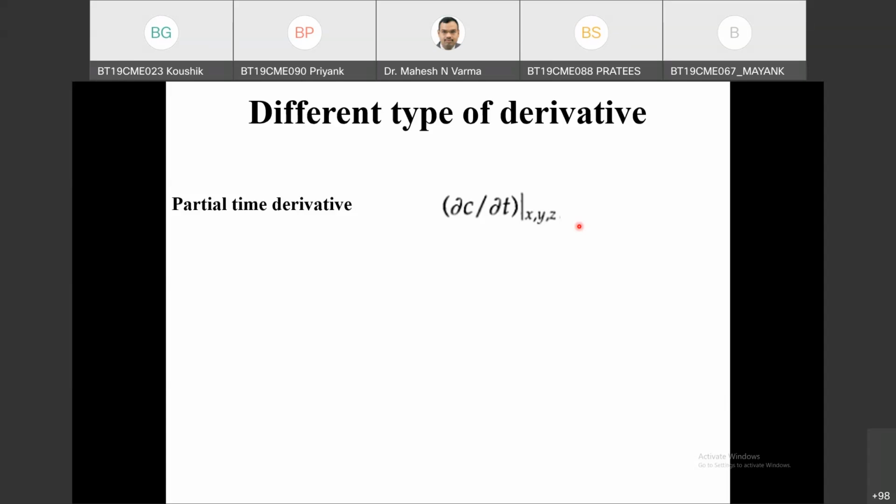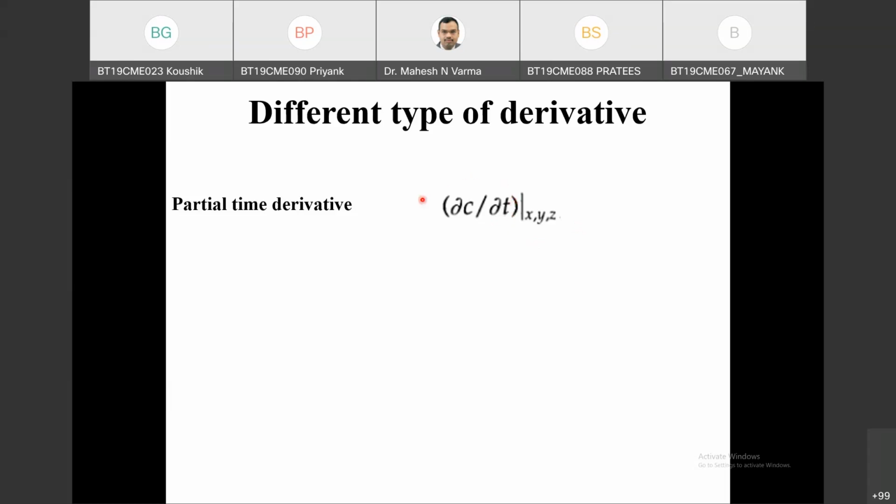Fish can move easily in and out of the control volume inside the pond, but the location of the cube remains constant. The location of this cube is not changing, and you are measuring the variation of concentration with respect to time only. This small t represents time.